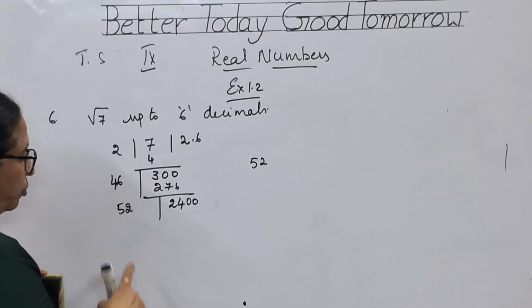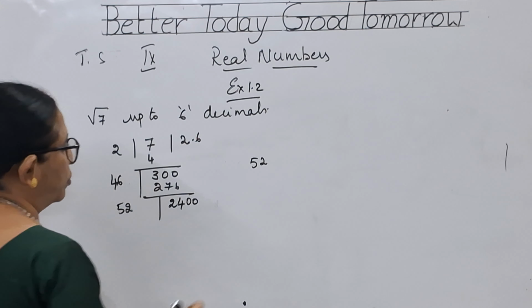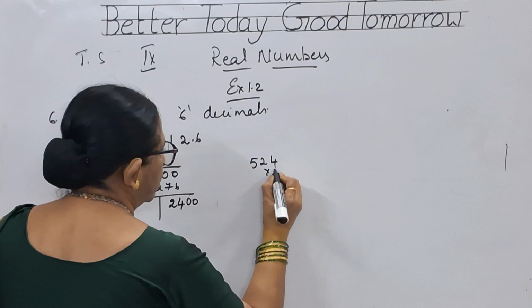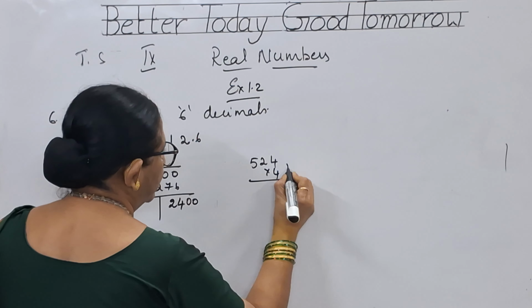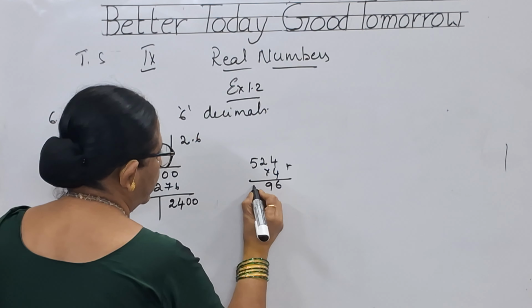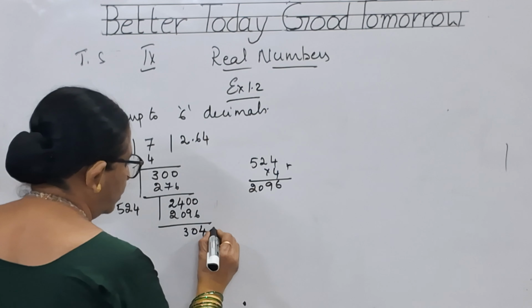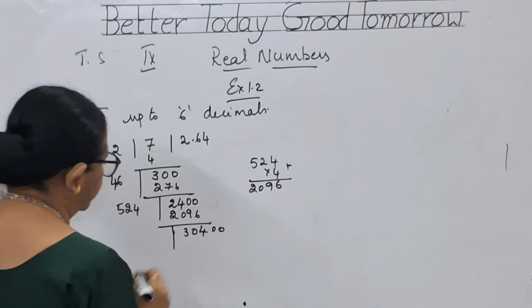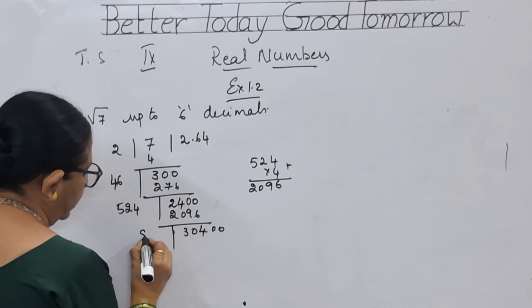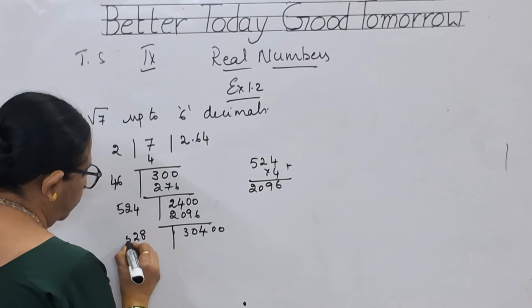Let us take 4, because 5 5s are 25 is more. 4 4s are 16, 4 2s are 8, 1 9, 4 5s are 20. So 4 here, 4 here, 2 0 9 6. How much are you getting here? 4, here 0, here 3. 3 0 4. So 2 more zeros and 8 2 5.